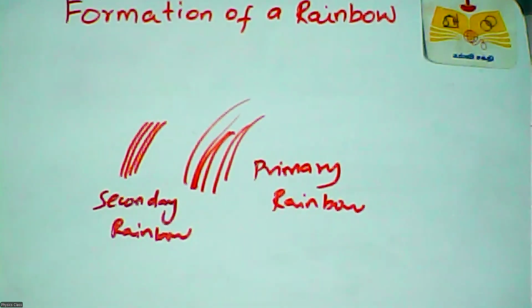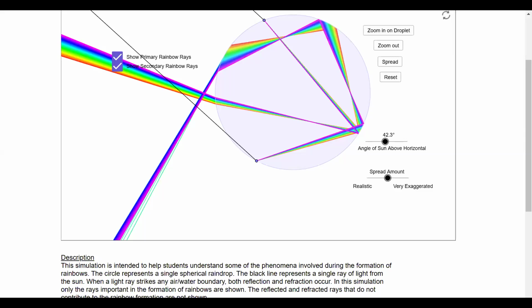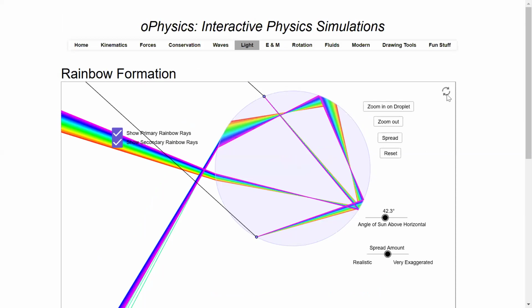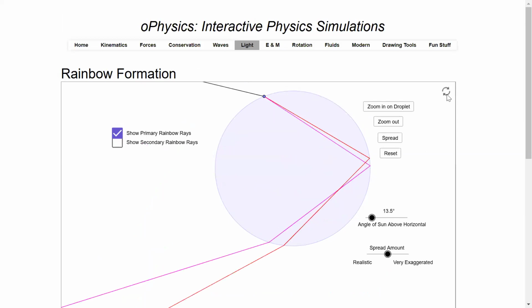I will share it with you. Okay, one second. So here you can see how the sunlight enters into the droplet.